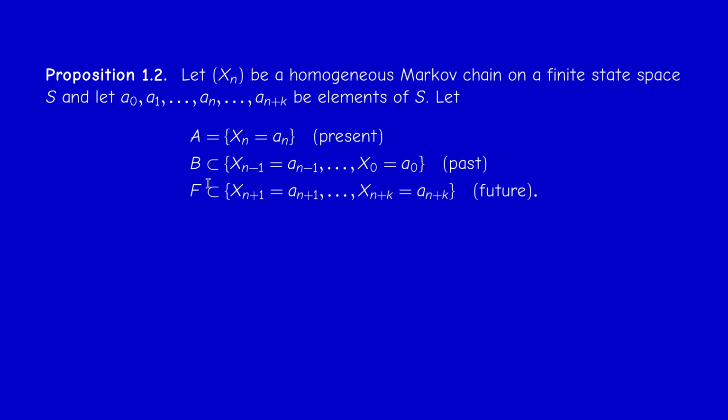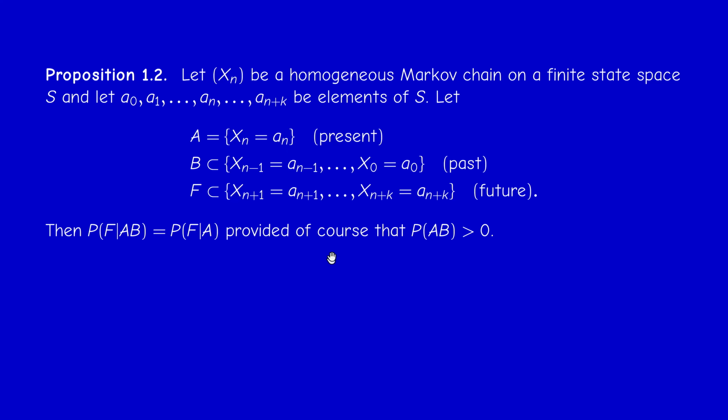Instead of saying that the future is just x_{n+1} equal a_{n+1}, the future could be any set of these events. So n is arbitrary and k is arbitrary. And instead of taking the past to be x0 equal a0, etc., it could be any subset of this. And the present usually is just one instant.